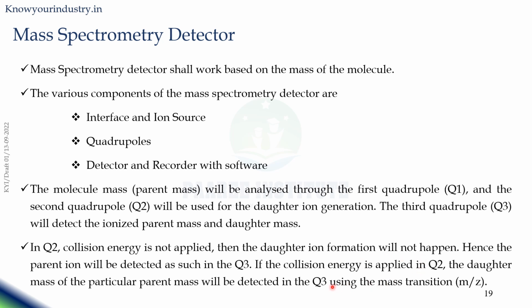Generally, collision energy application needs to be done during method development, and it will be optimized for the generation of daughter ions in case we do the quantification of certain molecules. In case of qualitative analysis, Q1 based analysis, you need not apply the collision energy, where the Q1 mass will generally be used for the analysis.